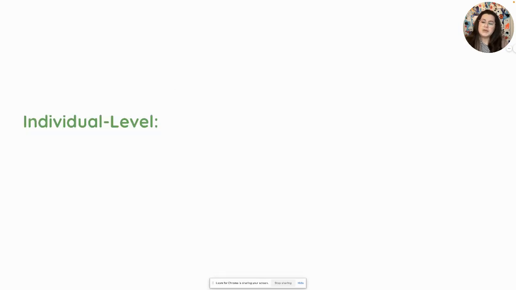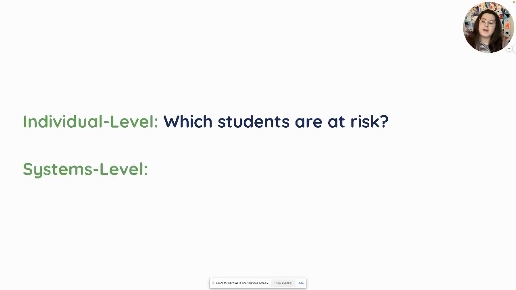So the value of universal screeners is that they don't only help us answer questions at an individual student level of noticing which students are at risk, but they also are fantastic for giving us that systems level analysis where we can determine which systems are at risk. So for example, in a response to intervention model, we would want 80% of students to be meeting benchmark criteria on universal screeners.